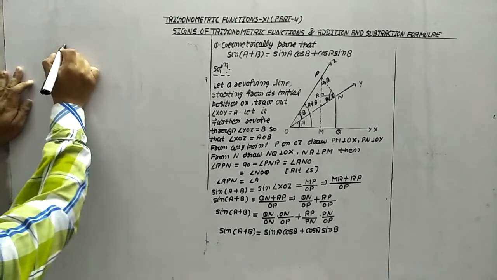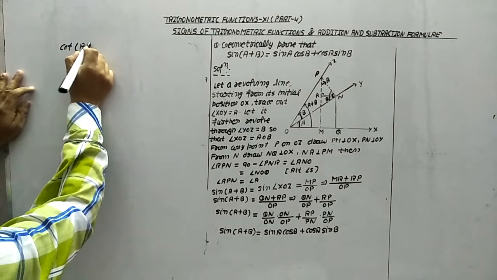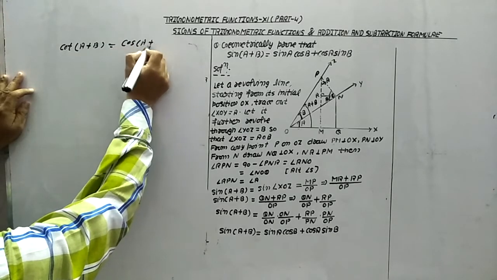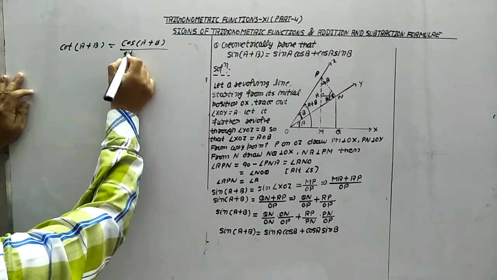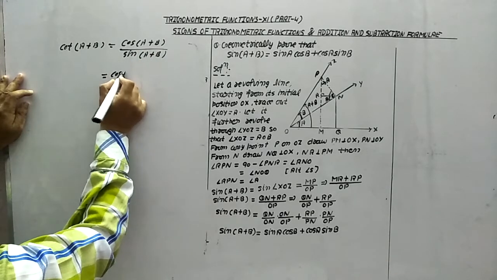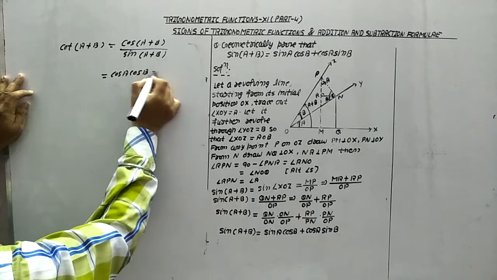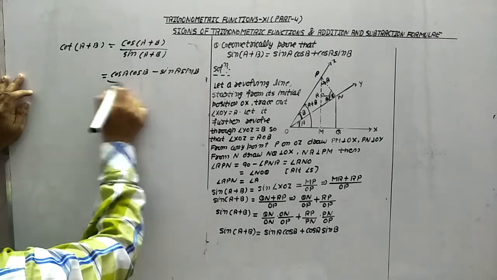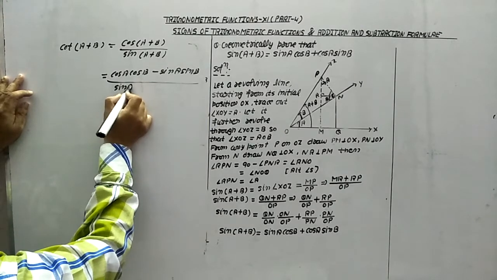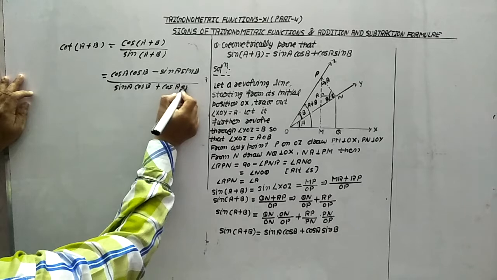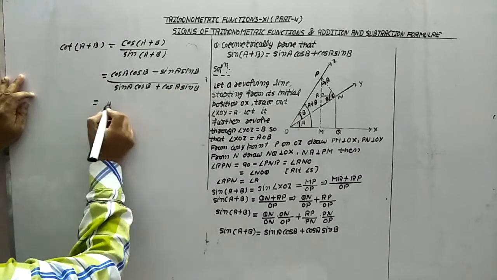Look at this thing, how will we develop cot(A+B)? Cot(A+B), same procedure. Cot θ means cos θ upon sin θ, and you know very well cos(A+B) means cos A cos B minus sin A sin B, upon sin(A+B), which is sin A cos B plus cos A sin B, according to those identities. Now what is common here?